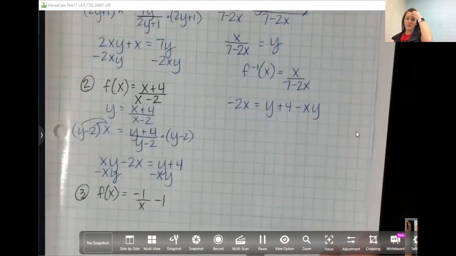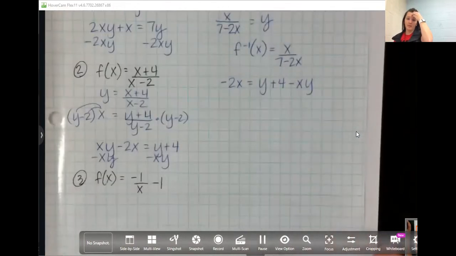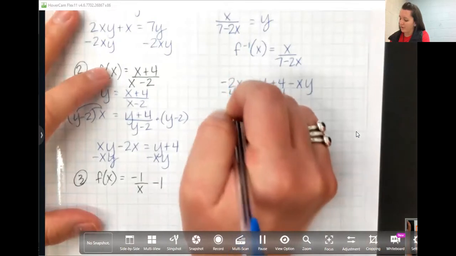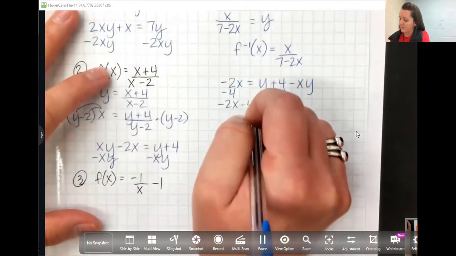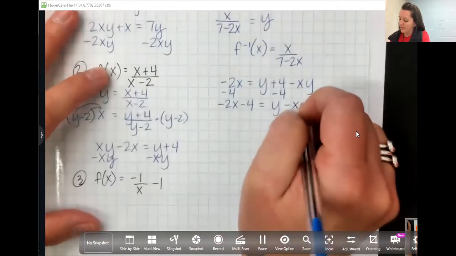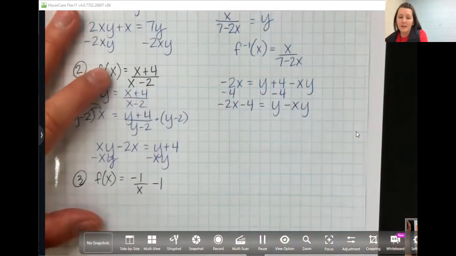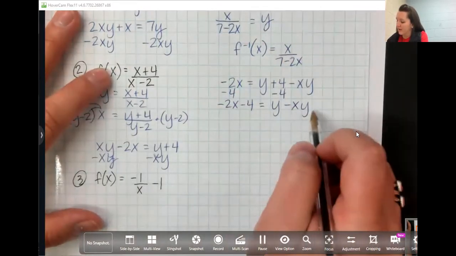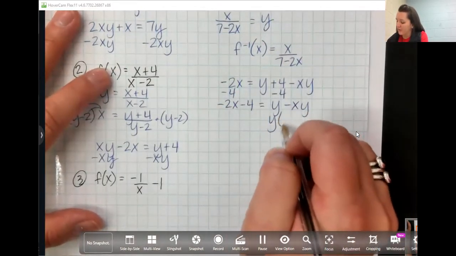So I have an additional thing in the way. That positive 4 is kind of getting in my way, so I'm going to subtract the 4 out here. You can do that. Use your algebra skills. Negative 2x minus 4 equals y minus xy. You can manipulate these as long as you stick with the rules of algebra. We both have a y here, so I'm going to factor out that y.